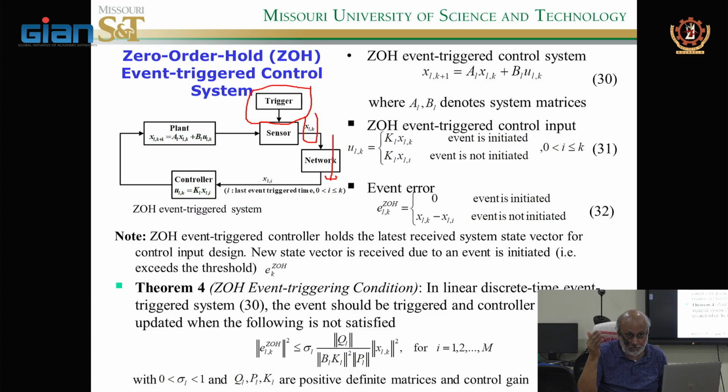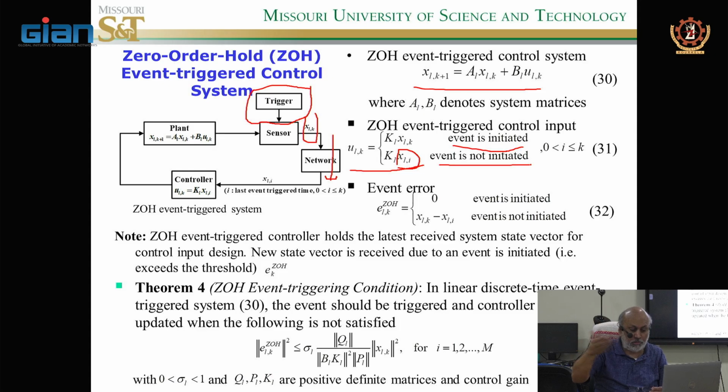If you have a linear system, and here is the control input, the state becomes x(t_k) when the event is initiated. That's the condition. And then you use the previous state value when the event is not initiated. So that means you're holding the past state value, and that value is being used in the controller.